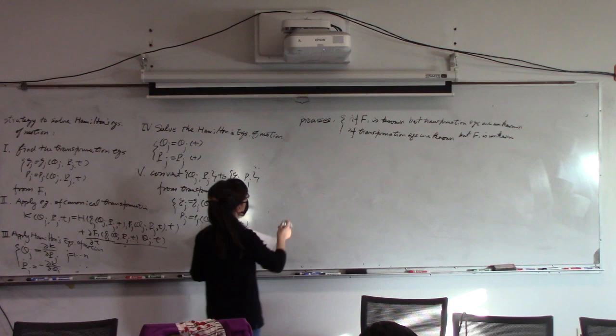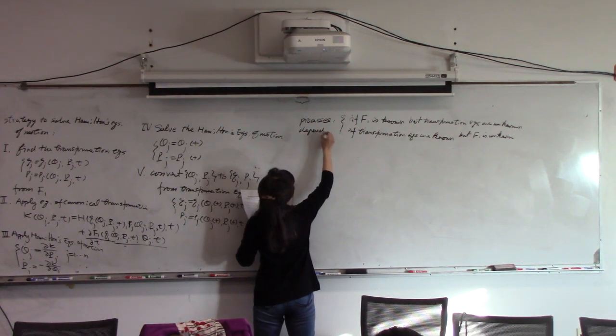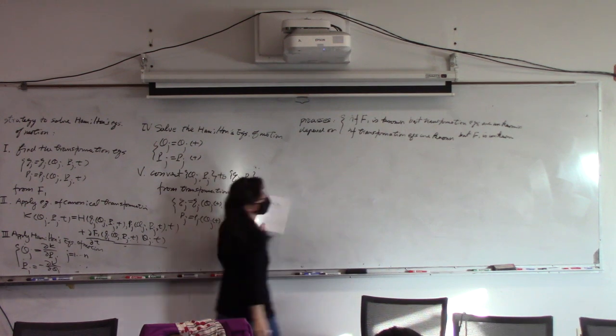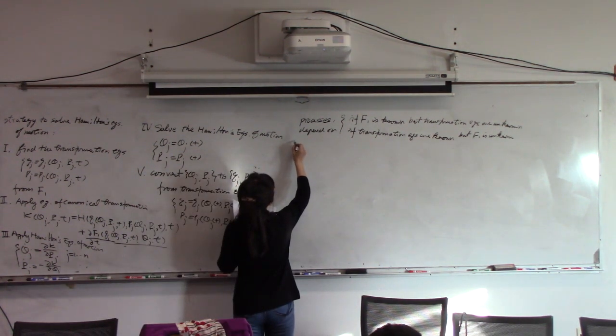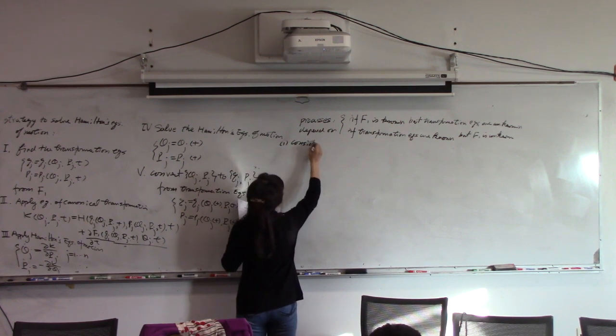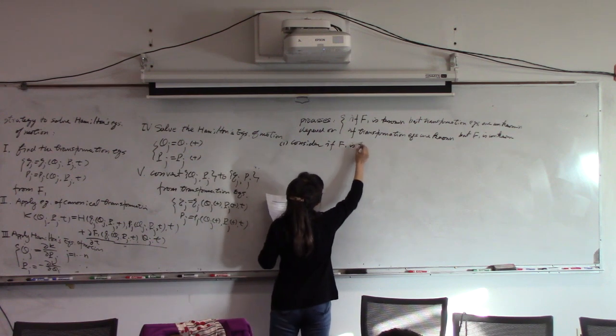So now the process depends on these two initial conditions. Let's first consider if F1 is known.